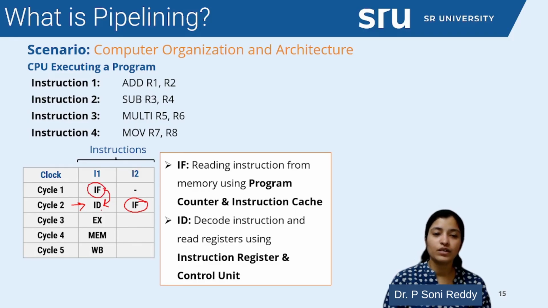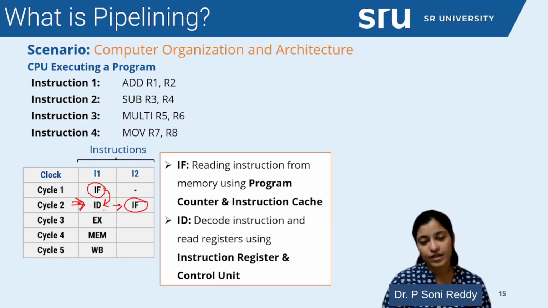So when I'm doing the decoding stage of instruction 1, I am parallelly doing instruction fetch of instruction number 2. Why am I able to do fetch and decode, both these steps, in one clock cycle and how am I able to do this?